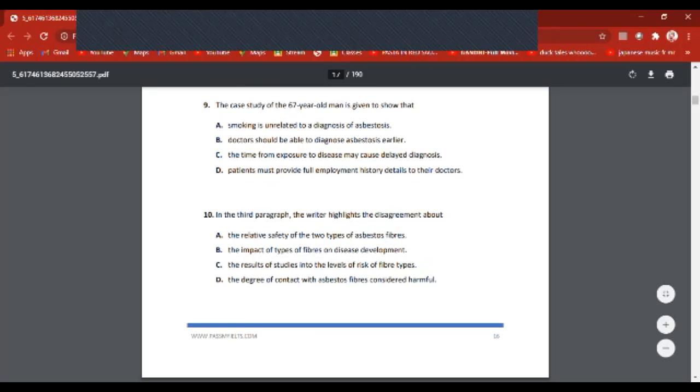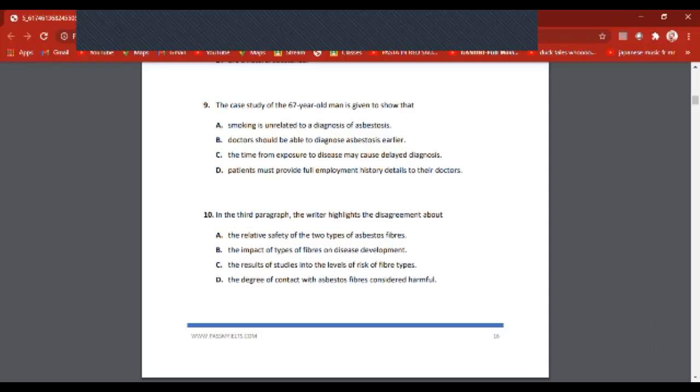Second, the impact of type of fibers on disease development. Third, the result of studies into the levels of risk of fiber types. We have to go straight away to the third paragraph.